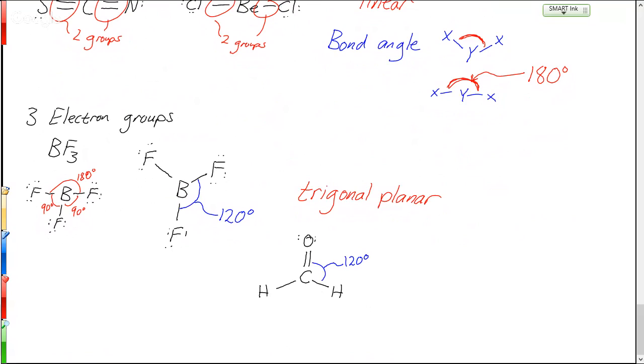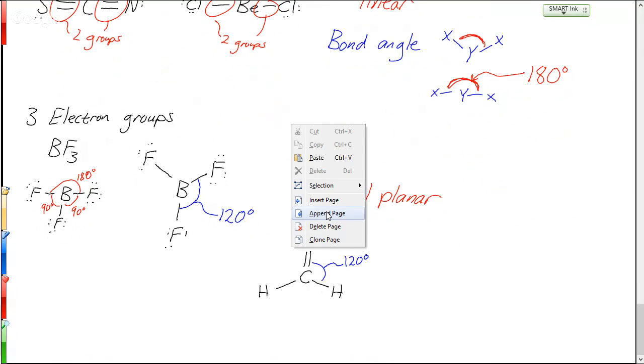So you've got the 1 group on the top there, and then the other 2 going to hydrogen. That's 3 groups. So if they totally spread out, that's 120 degrees. So that's 3 electron groups. All right. So now is the first time we kind of spread out into 3 dimensions when we go to 4 electron groups.